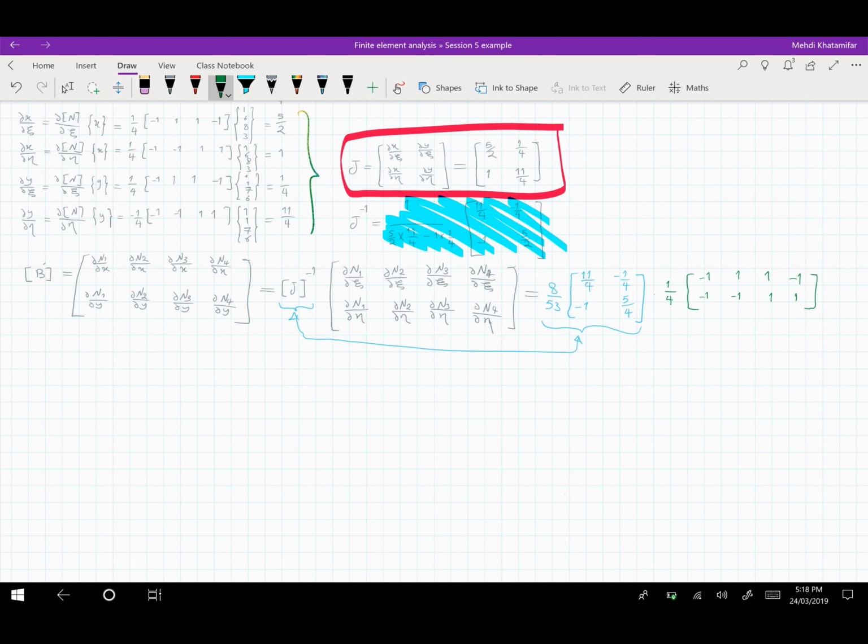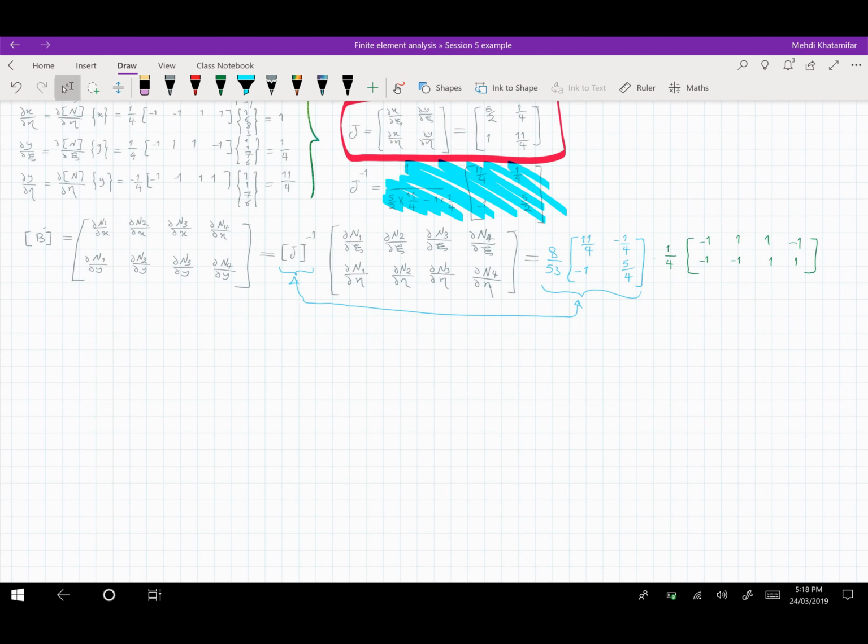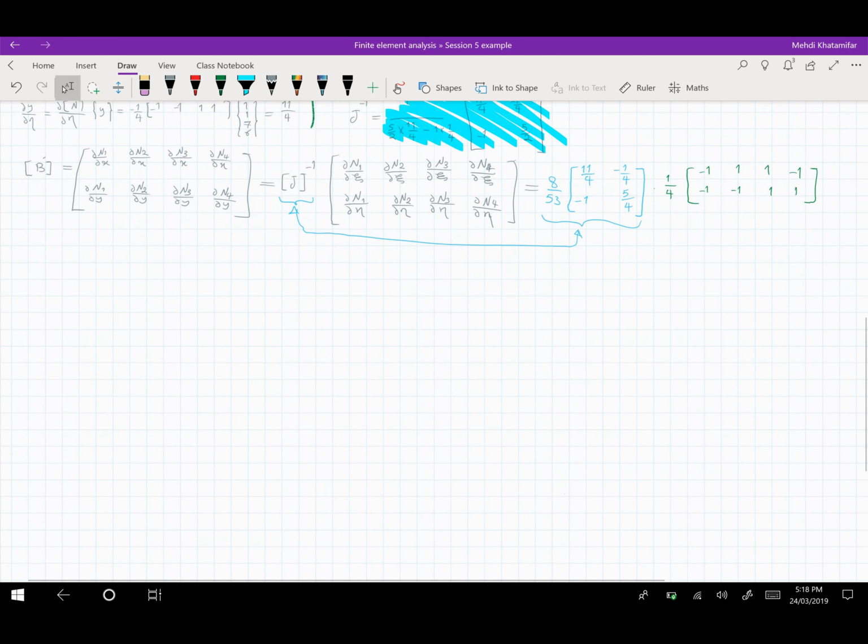Okay, let's do the calculation and multiply the 2 by 2 matrix, this one, by the 2 by 4 matrix, which is going to lead us to a 2 by 4 matrix. Let me write it. So this compact strain displacement matrix is going to be 8 divided by 53 times 1/4.